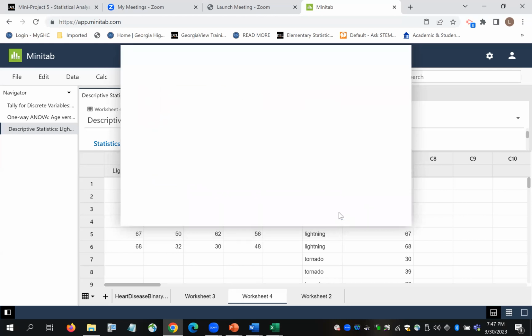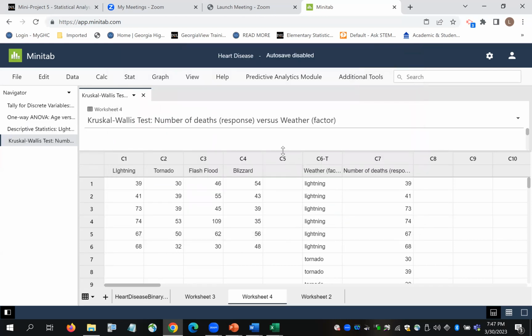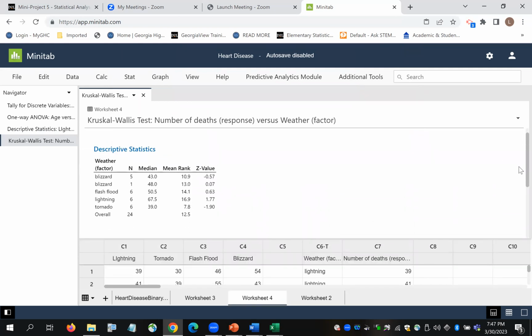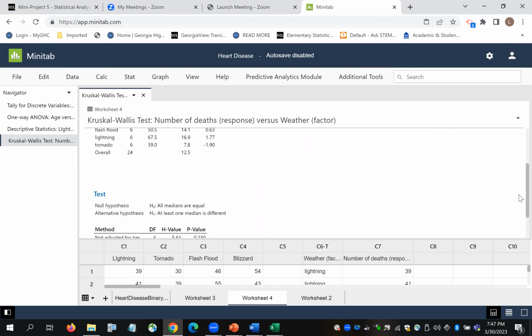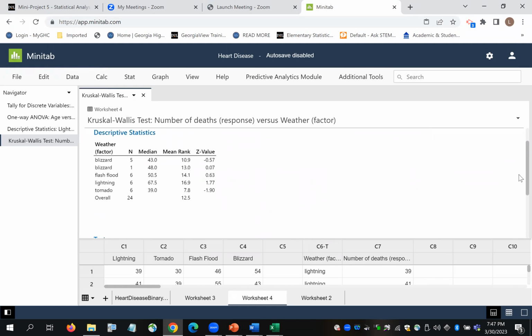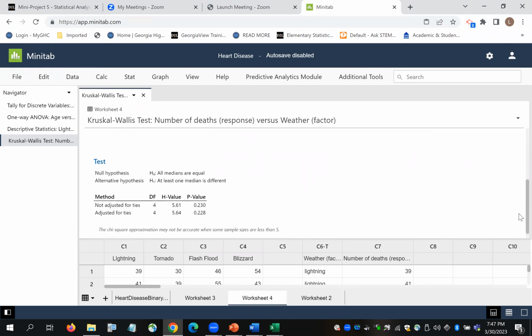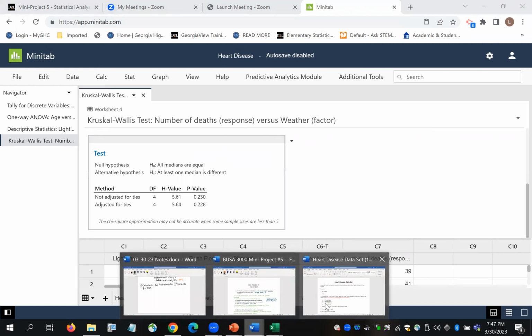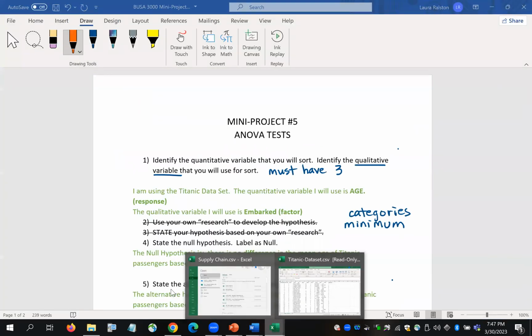I'm going to click OK, and Minitab calculates my values. It gives me the descriptive statistics, which I don't need, and it gives me my test statistics. I'm going to copy those over here to my paper.